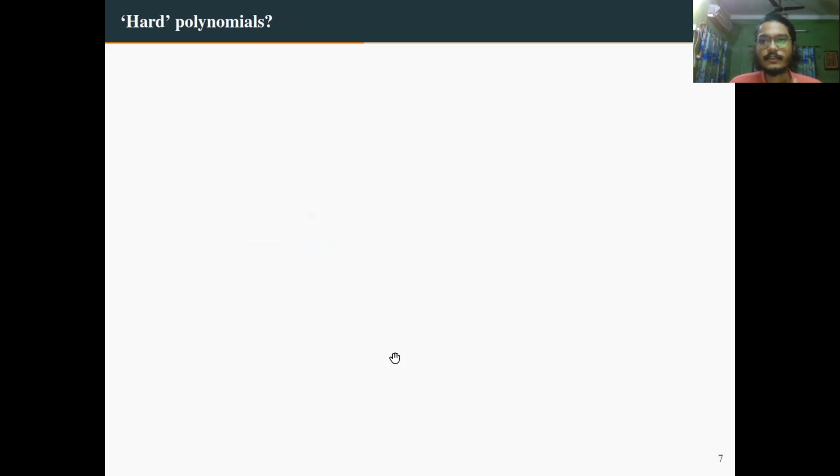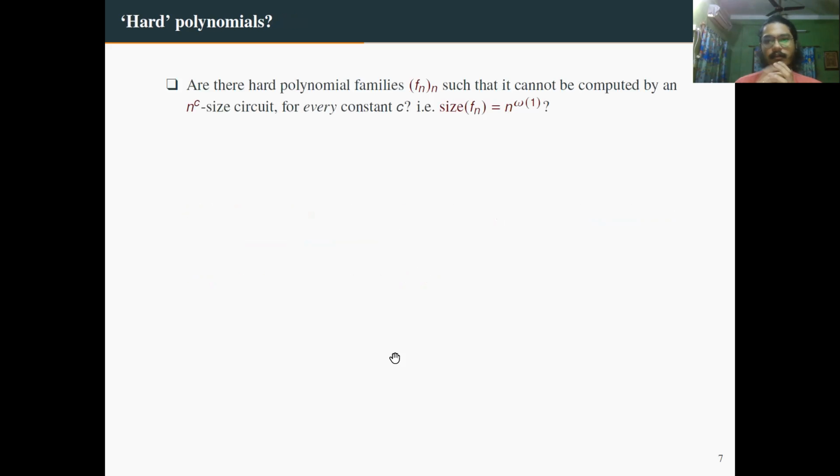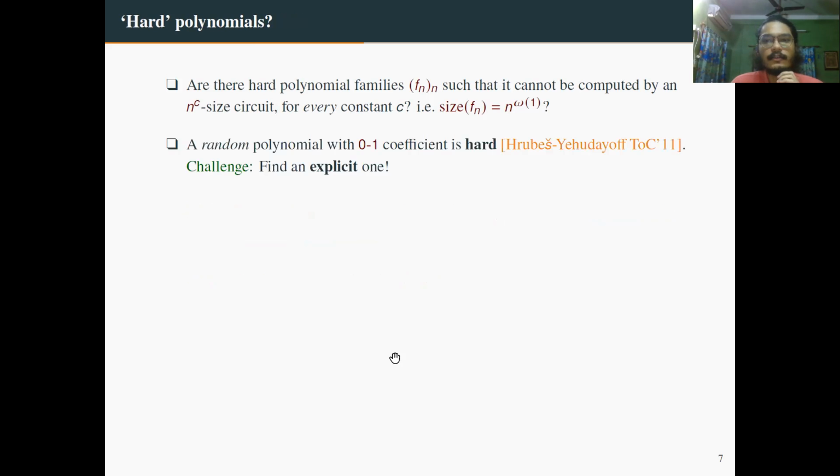So now, once you have defined easy polynomials, let's define what a hard polynomial is. Or what do we mean by a hard polynomial? We say that fn is hard if it requires super polynomial size algebraic circuits, or in fact, you can also say super polynomial determinant complexity as well. The question is, are there hard polynomials?